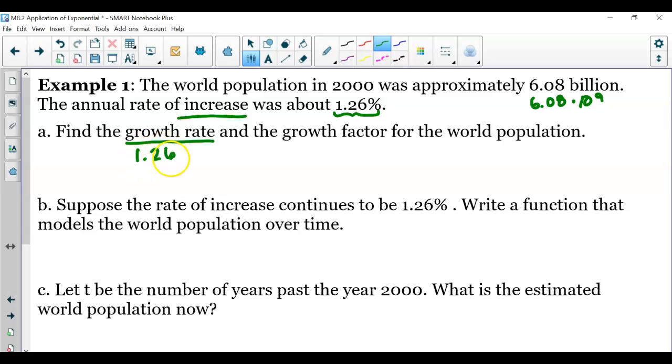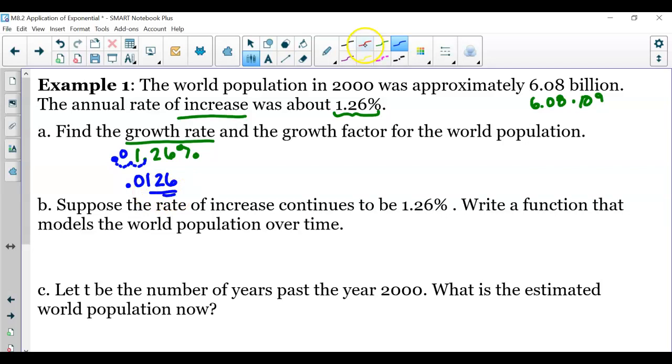We need to make sure to convert our percentages to a decimal. Remember, this is the same as out of 100, or dividing by 100, which is the same as moving that decimal 2 places to the left. So here, our growth rate is 0.0126. This is what you're going to use when you set up your function.